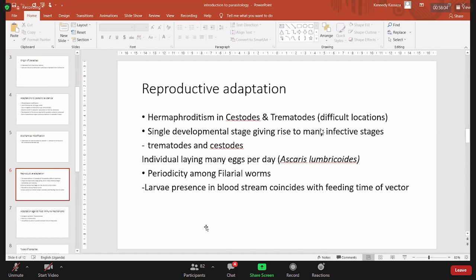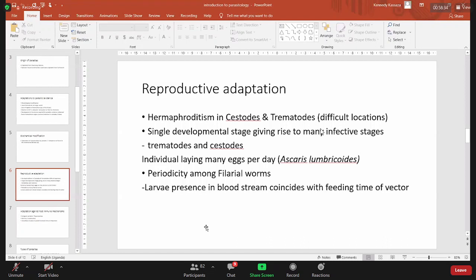Then among Filaria worms, there is a phenomenon known as periodicity, whereby the organisms are only found in the blood circulation at certain times of the day, and at other times of the day you will not find these parasites because they hide in internal organs.